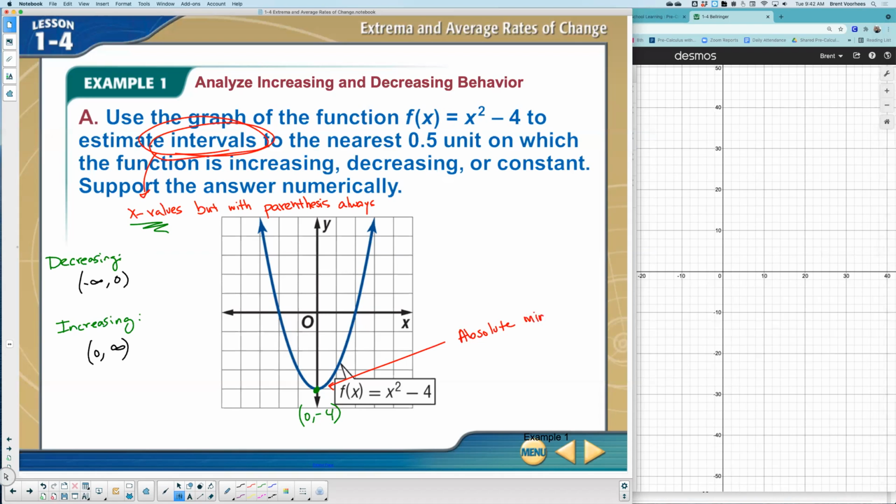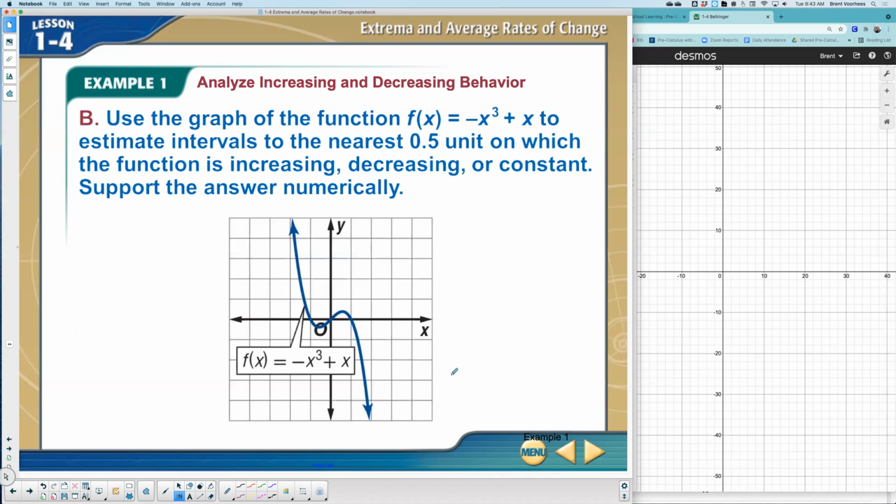That's an absolute minimum because it's the lowest point on the entire graph. As you write that down, I'll just keep talking. Some graphs will have more than one minimum or more than one maximum. Anytime you change direction, you can get a maximum or minimum, but only one can be the absolute lowest. That's what absolute means. It's the lowest point on the entire graph.